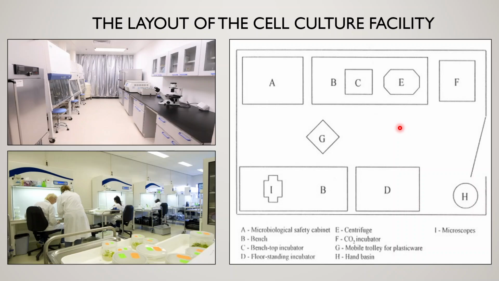So now inside the cell culture room, we find these important components, and one of them is the biosafety cabinet. Depending upon the number of people working in a lab, you can have from 1 to 2 biosafety cabinets.